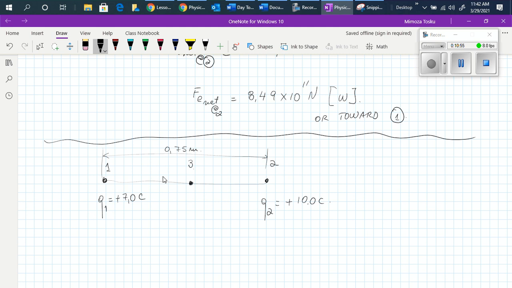Where should you place a charge 3, at x, so that the electrostatic force net at charge 3 is equal to 0? This is another question that I'm asking you to think on doing on your own.